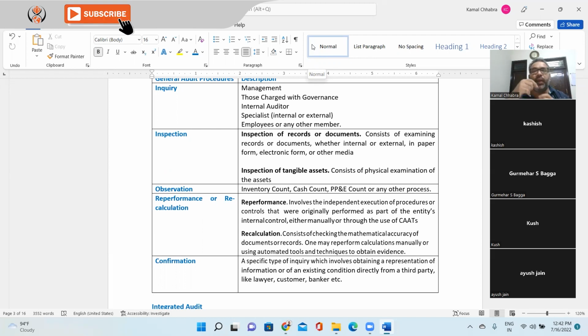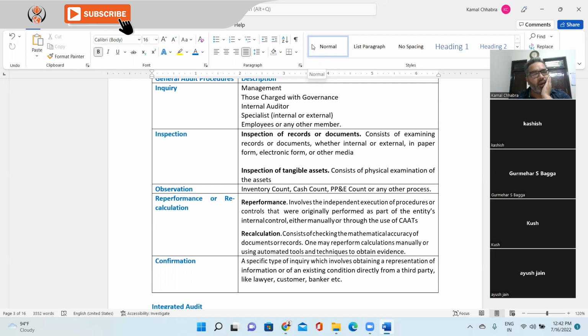Those documents which are internally generated or externally received in the process are called documents for inspection. You'll be performing inspection procedure in verifying those documents to understand and evaluate the respective transaction, class of transaction, account balance, and disclosure. So inspection is a more critical step in an audit.